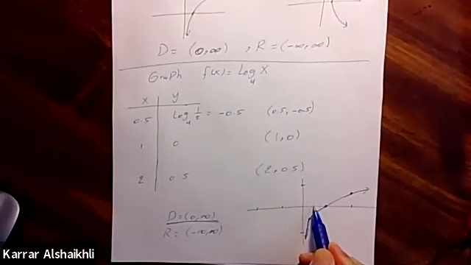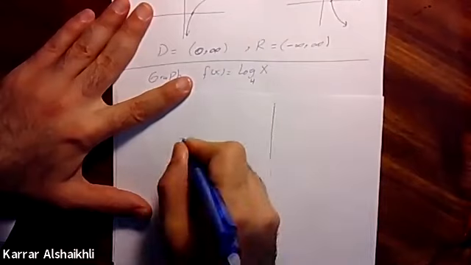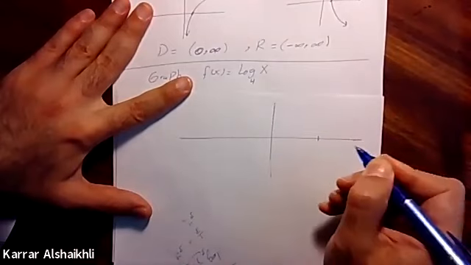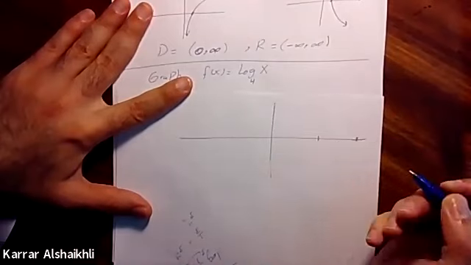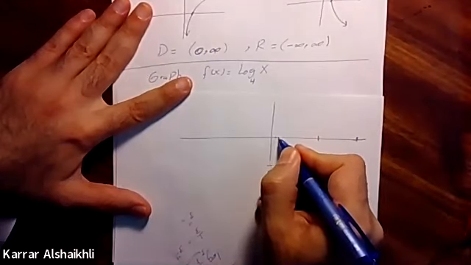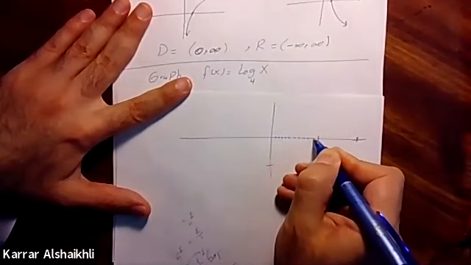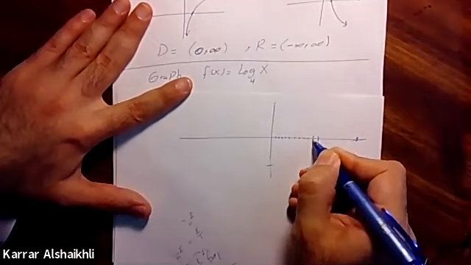Half means 0.5. I'm going to make it easier for you. When you graph it here, let's say this is the 1 and this is the 2. If you want to graph it like this, say 1, 2, 3, 4, 5, 6, 7, 8, 9, 10.